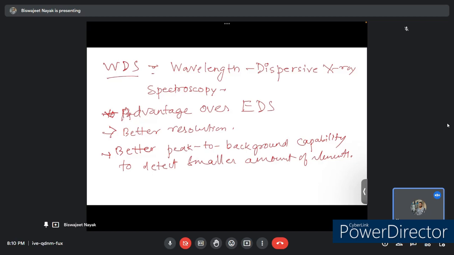It can also detect elements having atomic number less than 4, and there is no artifact in the spectrum from the detection and the signal processing, because it very nicely differentiates signal to noise ratio.